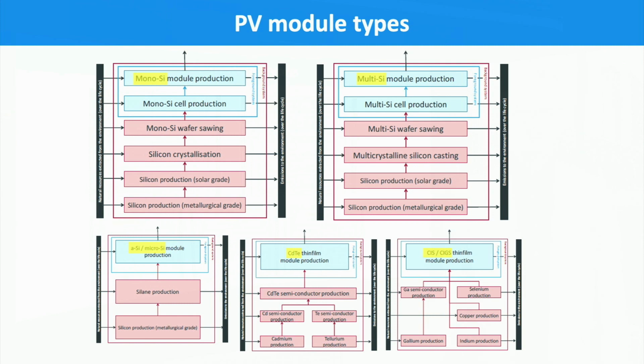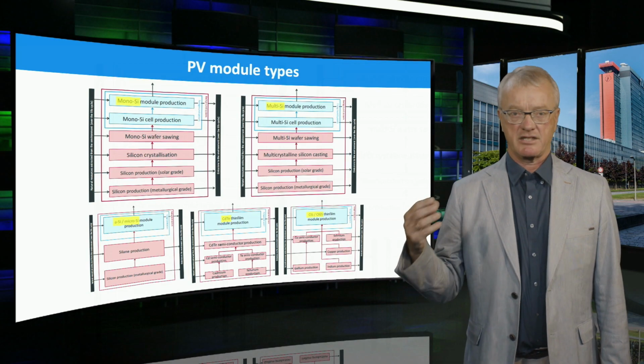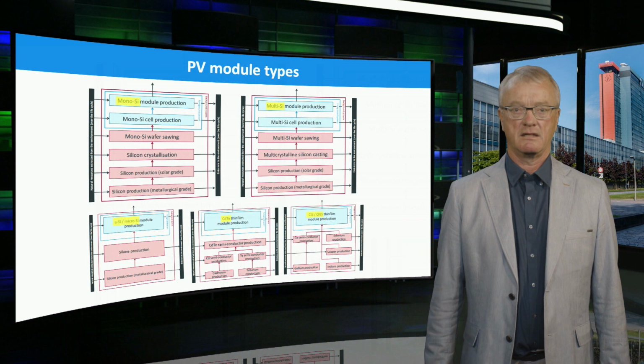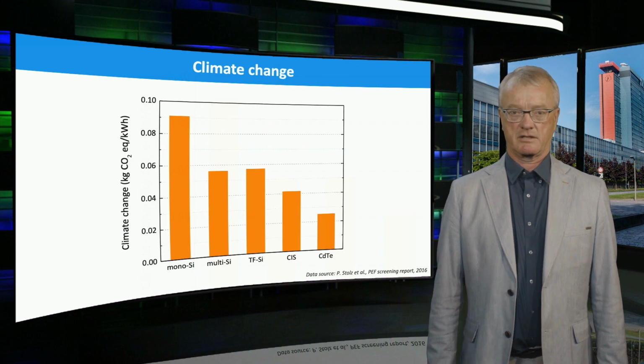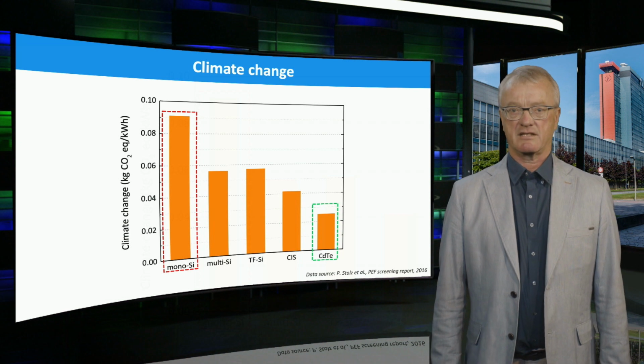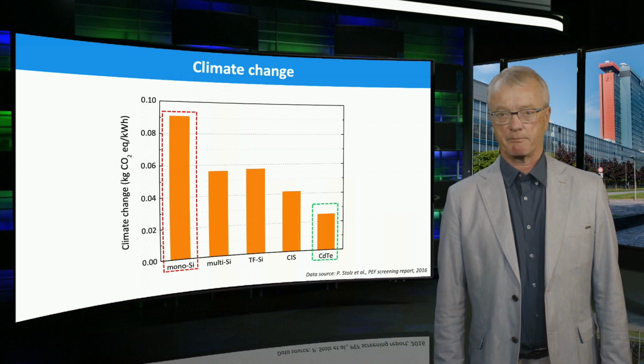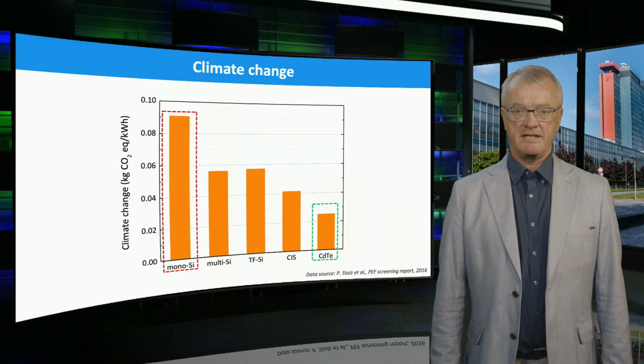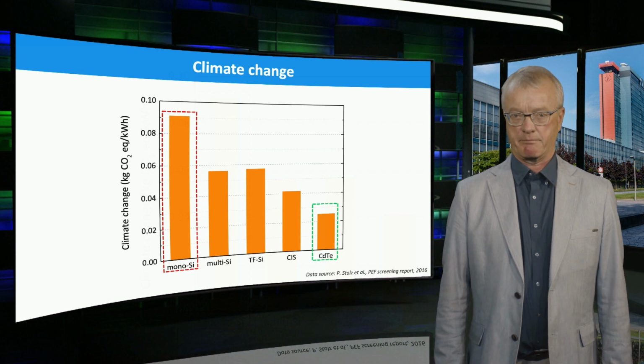5 types of PV modules are addressed, including monocrystalline silicon, multicrystalline silicon, also called polycrystalline silicon, thin film silicon, cadmium telluride, and CIGS or CIS. Let's look at the results. For the impact category climate change, electricity production with cadmium telluride PV panels leads to the smallest environmental impact.